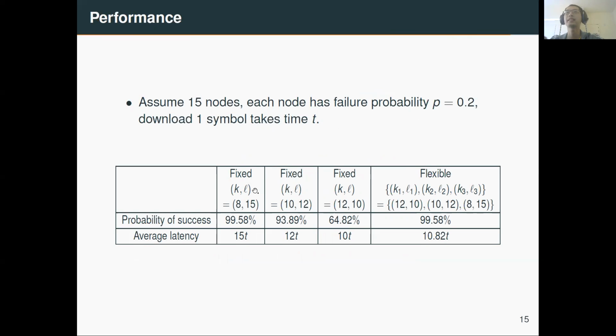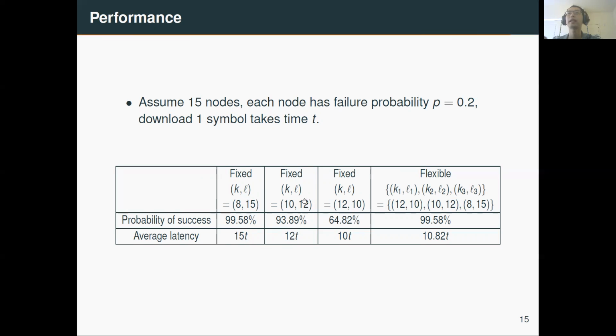For example, we can set k equal to 8. That means that if we have at least 8 nodes, then we can decode all the information symbols. By doing so, we can have a high probability of successfully decoding all the messages, which is equal to 99%. And in this case, since we need to download all the symbols in each node, we have an average latency of 15 times t.